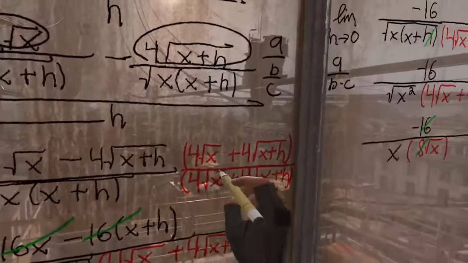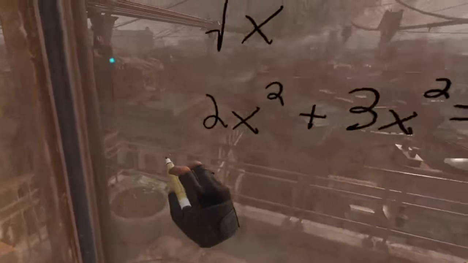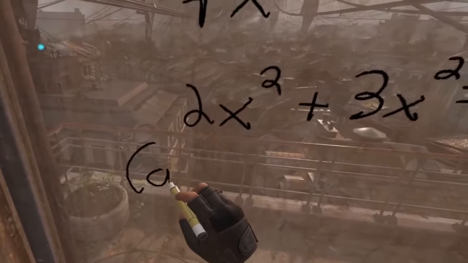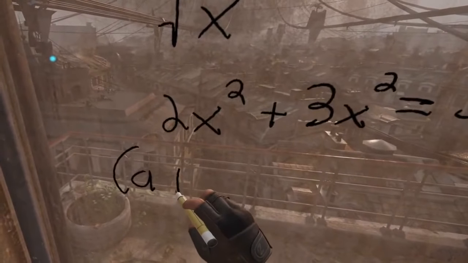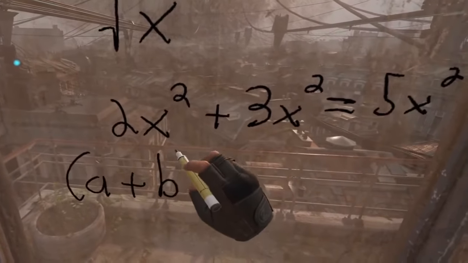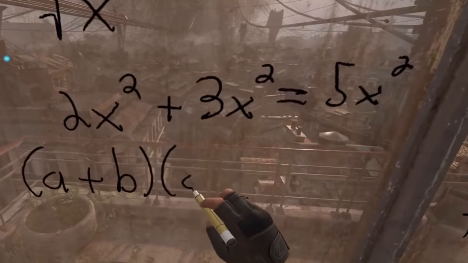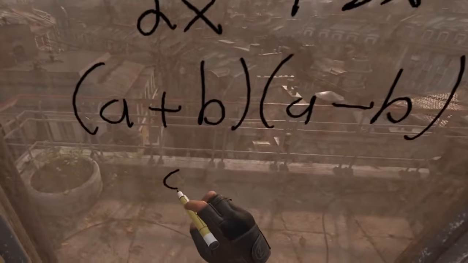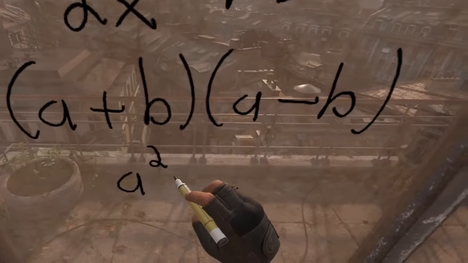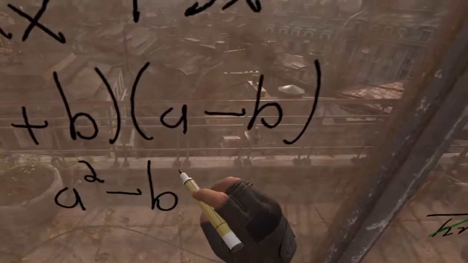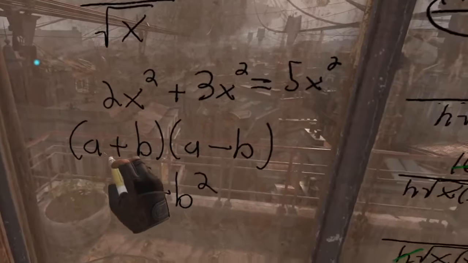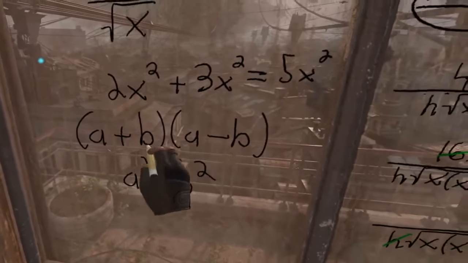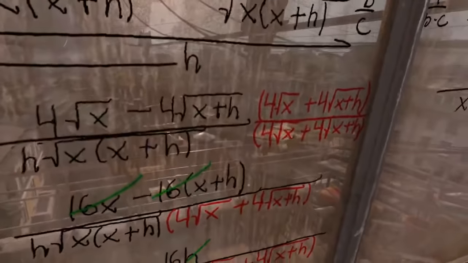Because it's just like if you're multiplying a plus b times a minus b, you're going to have no middle term. A squared minus b squared, right? Because you have plus ab minus ab, middle terms cross out.